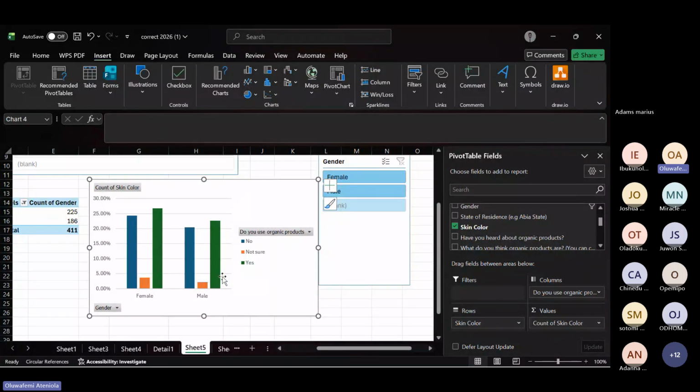So it is either they are saying yes or they are saying no. This is how it is being distributed to male and female. The blue color is representing no, I do not use organic products, and the green color is representing yes, I use organic products. So these are the two options that are available to both men and women. Out of the whole general population, we see more female students admitting that yes, I use organic products.